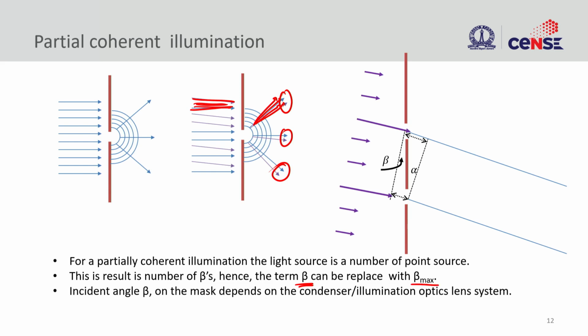That is going to be our incident angle term, and the incident angle beta on the mask depends on the optics that we use. We try to reduce this beta, we don't want too much oblique, and that is the reason why your condenser or the illumination optics becomes very important, where we control the angle of incidence of the incident light onto the mask.